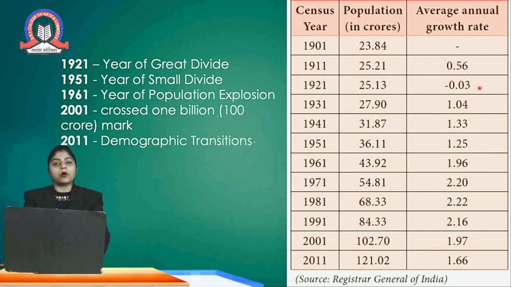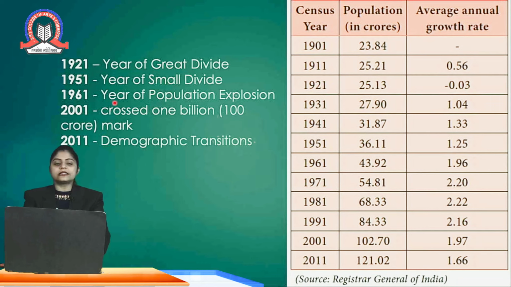That is why the population growth is less. The death rate was very high in that scenario. Later on, in 1951, the year after the partition, since we got independence in the year 1947, the growth rate of population is 1.04.